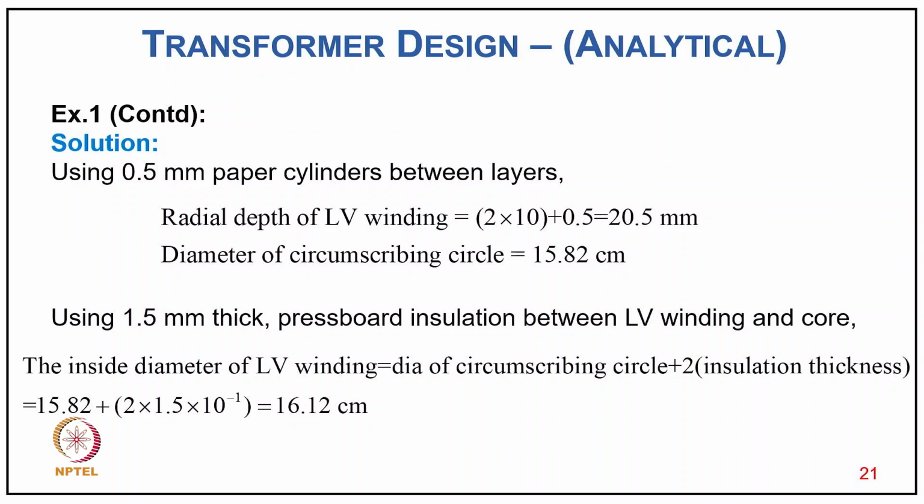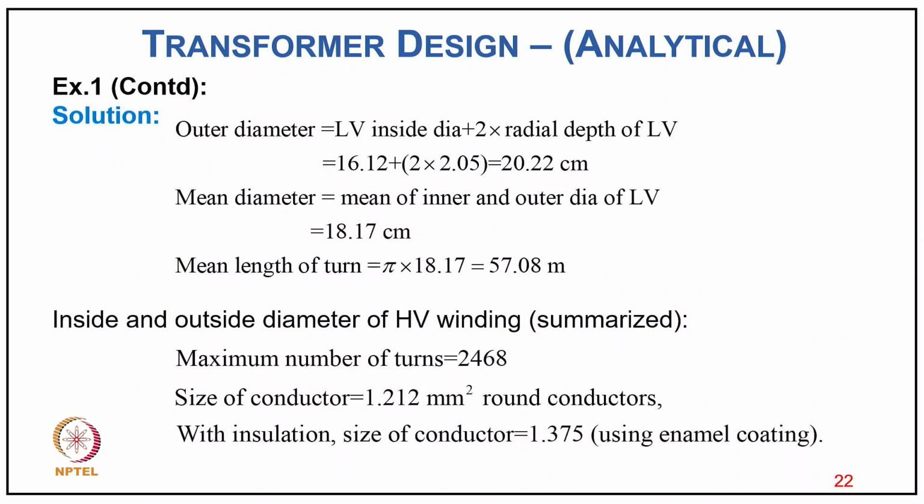So using 1.5 millimeter thick press board insulation between the LV winding and the core, the inside diameter of the LV winding is equal to the diameter of the circumscribing circle plus 2 into the insulation thickness. Putting the value, it comes 16.12 centimeter. Now the outside diameter is the LV inside diameter plus 2 into the radial depth of the LV winding.